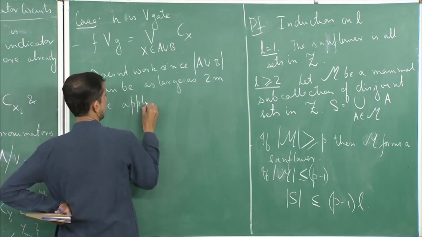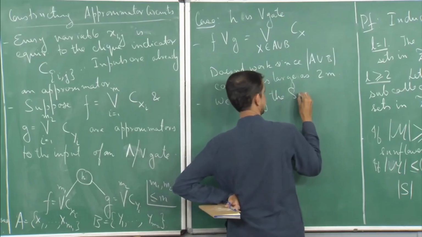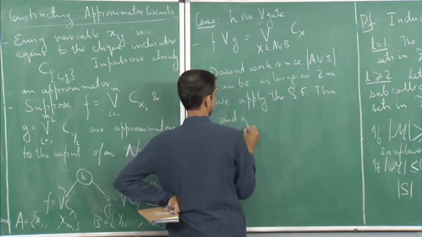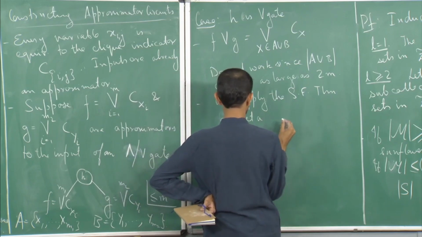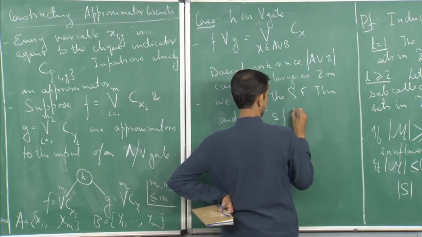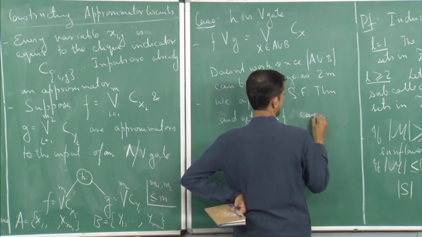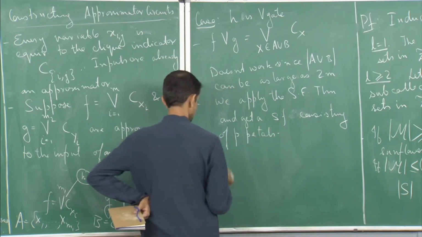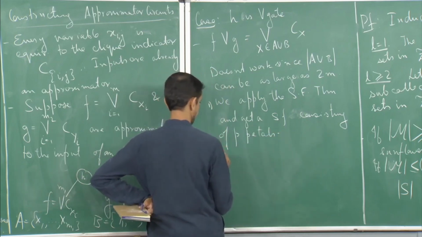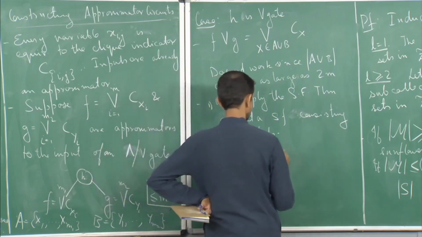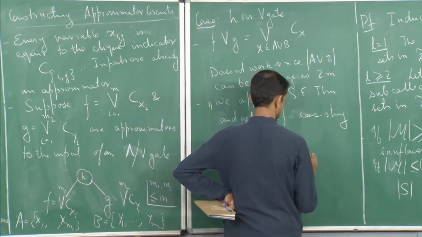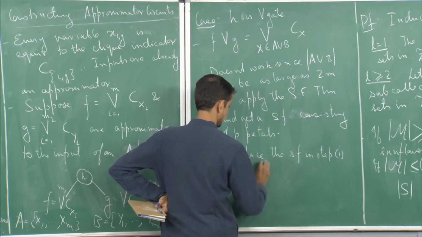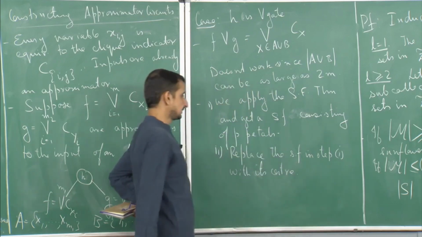We apply the sunflower theorem and get a sunflower consisting of p petals, and now we replace the sunflower in step 1 with its center.